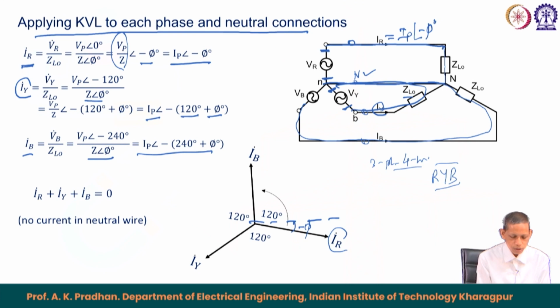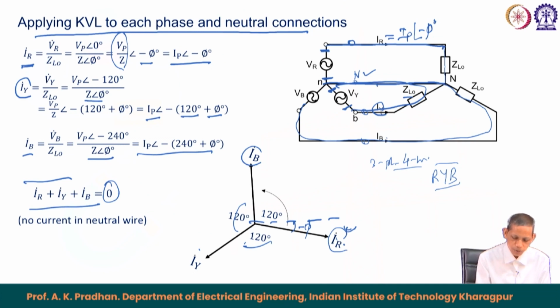So, the corresponding 3 currents are there. In the phasor plot, we can say IR, Iy are separated by 120 degree and Ib by another 120 degree. If we add all these, the sum becomes equal to 0. So, IR plus Iy plus Ib equals 0.